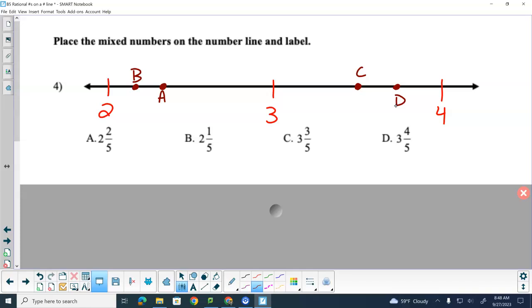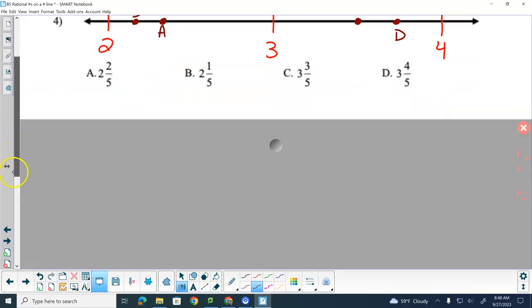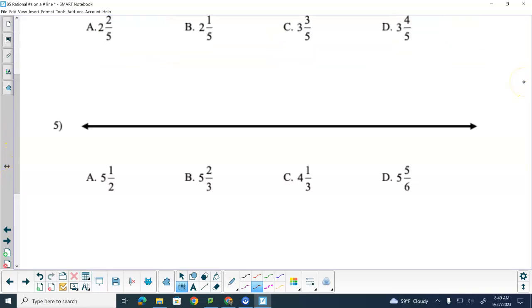Now, was it number 5? Yeah, let's set them up with denominators first. What's our common denominator for 2, 3, 3, and 6? What would be a common denominator for all of those? 6.